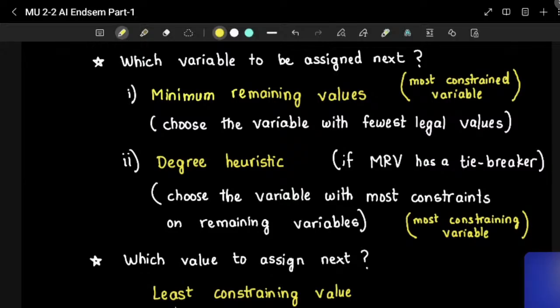The degree heuristic essentially states that whichever node has more neighbors, you take that. That is why you have degree here. What do you mean by more number of neighbors? It basically means that the variable is involved in multiple constraints.